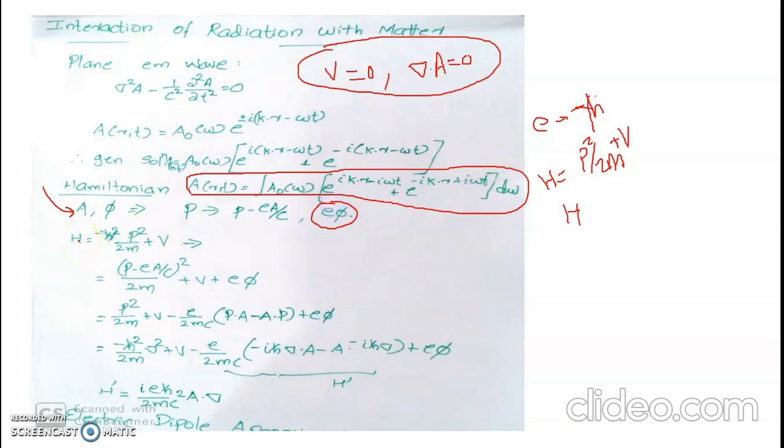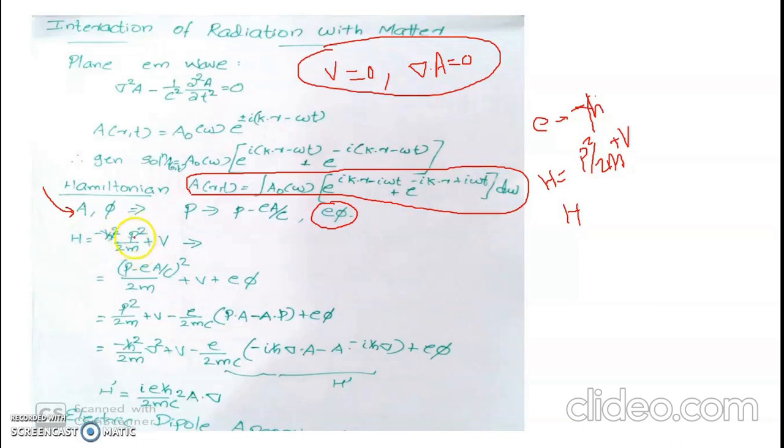So we have the material medium having Hamiltonian H equal to P square by 2m plus V. Actually, this needed to be represented as H0, but I have written this in the sense that this is the modified Hamiltonian representing the system involving the interaction of radiation with matter.